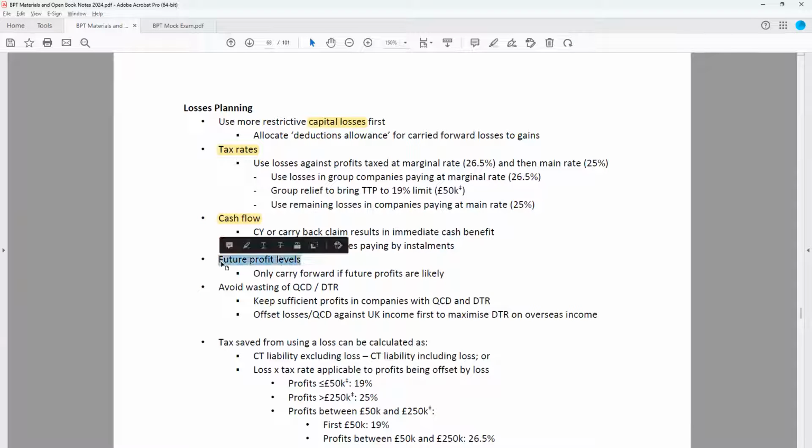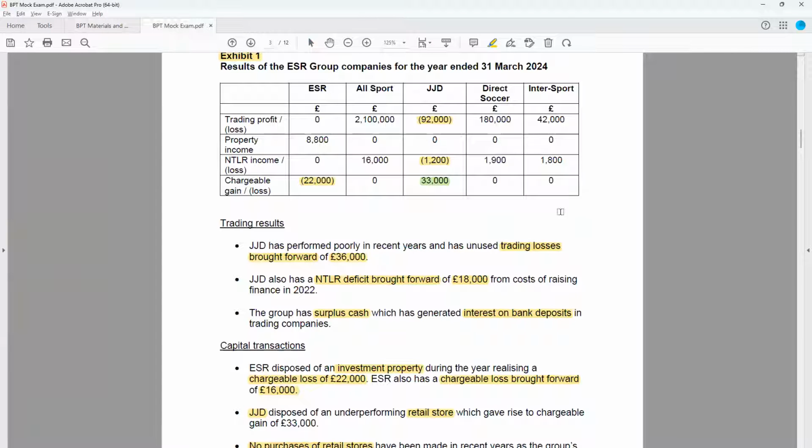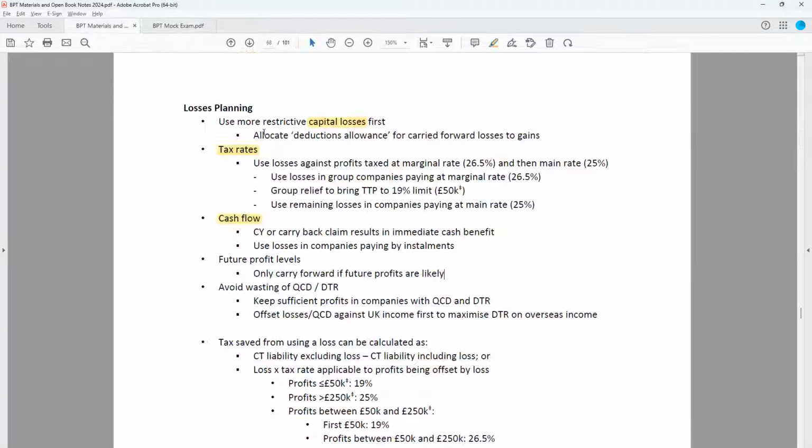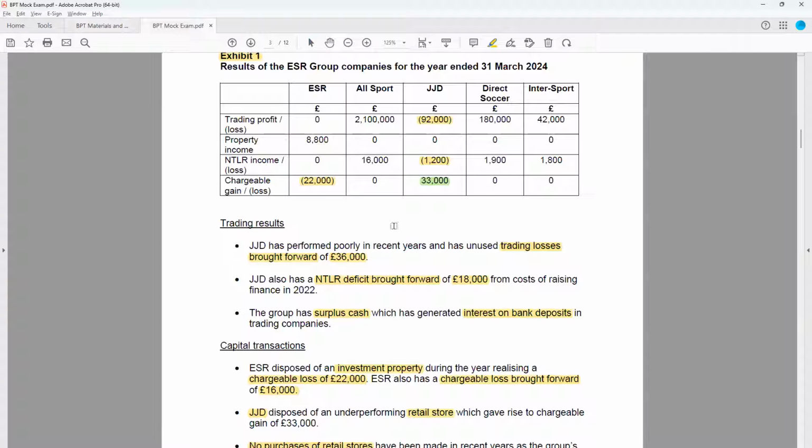If you're carrying losses forward, are there definitely sufficient profits? What rate of tax will those profits be at? We're not told anything about that in the question about what next year's profits would be. We're not told about previous years as well, so we can't really think about a carry back claim. We haven't got QCDs and DTR, as we've said, thankfully, because I think there's probably enough going on in this question.